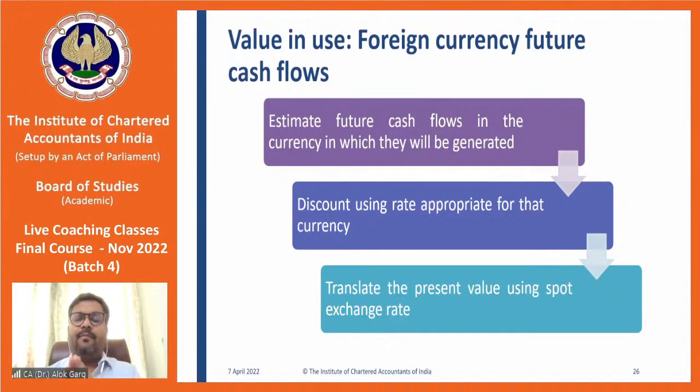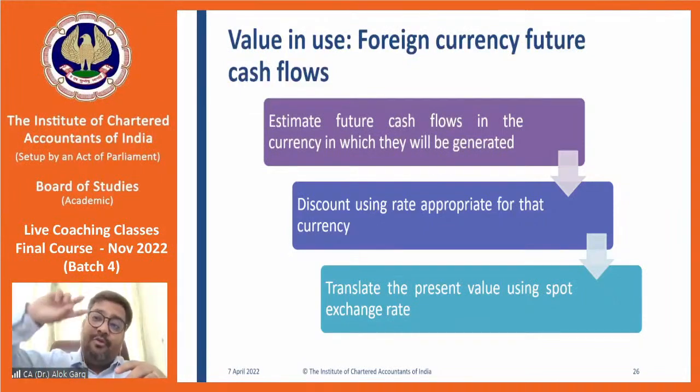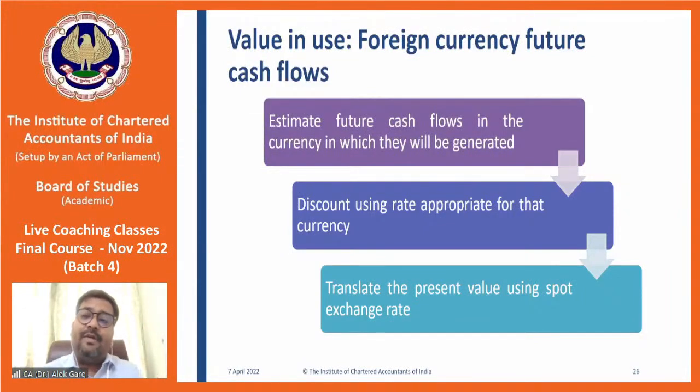For example, you are generating cash flow in India, so you have to estimate cash flow in Indian rupee. You have to apply the discount rate which is applicable to the Indian economy. But if you are generating cash flow in USA, you have to estimate the cash flow in US dollar, and you have to apply the discount rate which is applicable to the US dollar, applicable to the US economy.